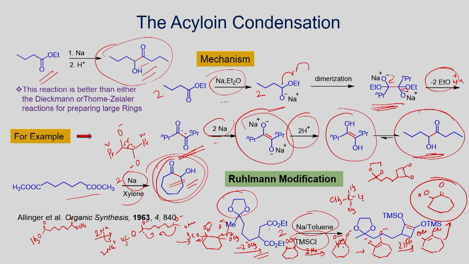Once you form the ketone, now when you add sodium, you form the radical anion, which can convert into the diol.